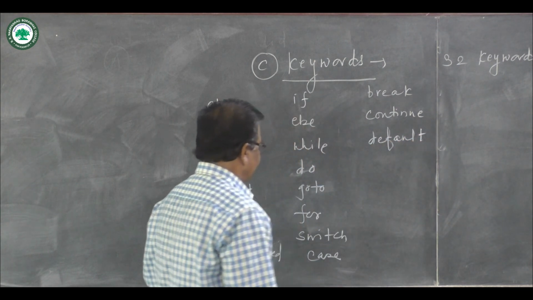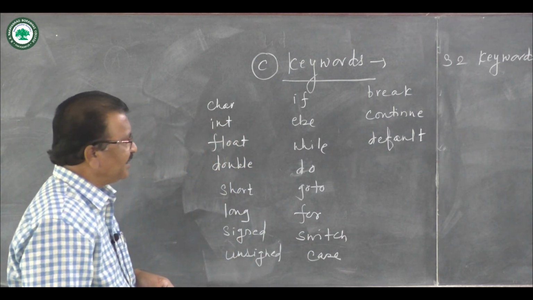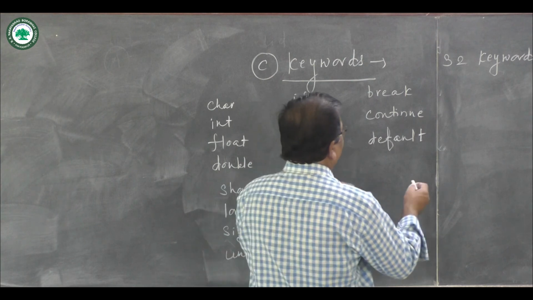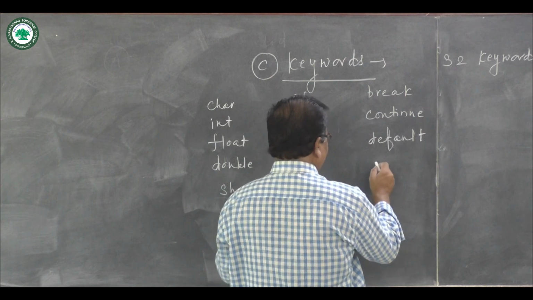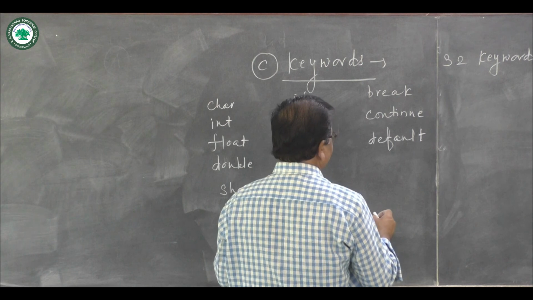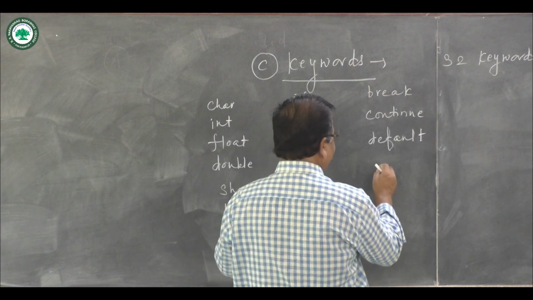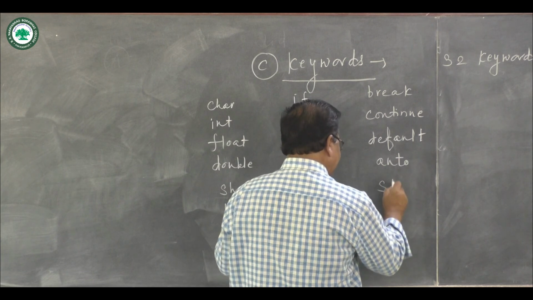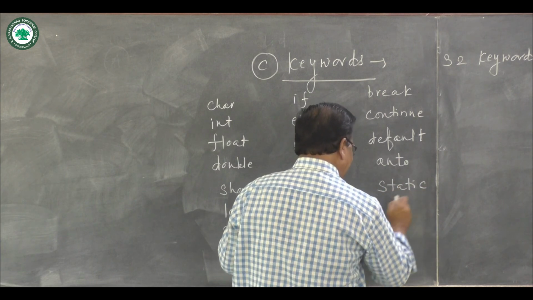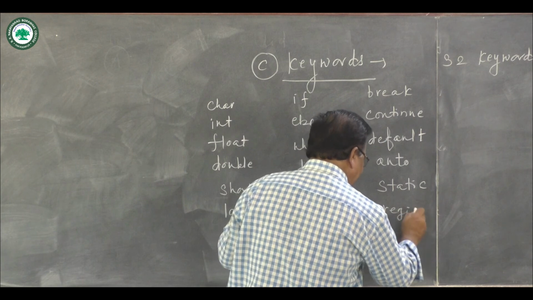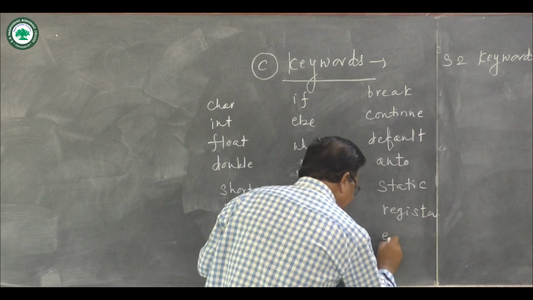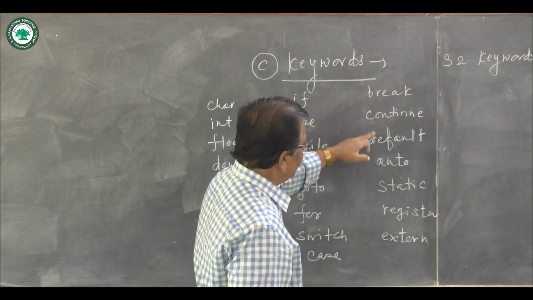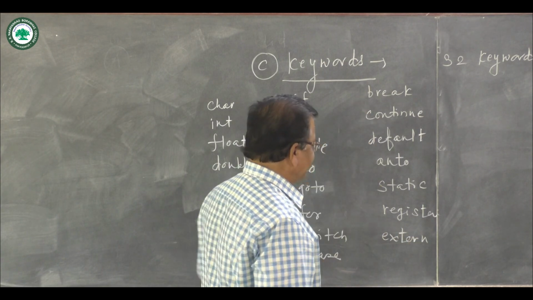Okay, switch, case, break, continue, default, and then we have the 4 storage classes which are there in C, like auto for automatic, static, then register, then extern for external.